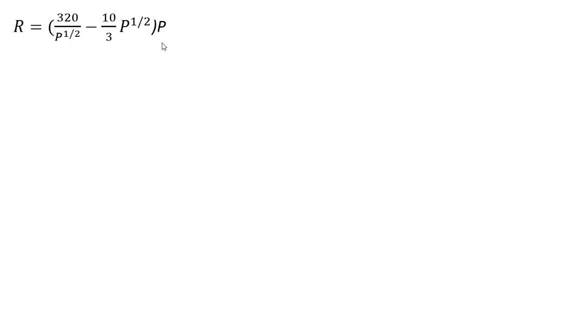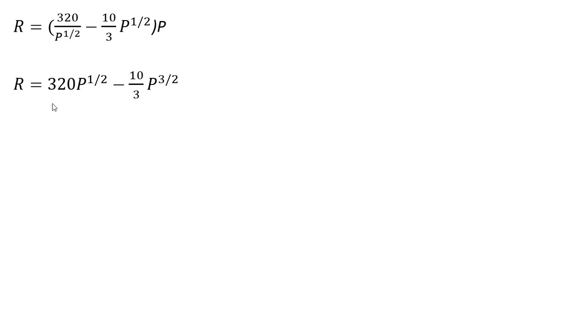Rewriting that condition, and then I'm just going to multiply this P that's outside parentheses through the terms that are inside the parentheses, and we get this result. Following the rules of exponents, P divided by P to the 1/2 is going to be 320P raised to the 1/2 power, and then P times P to the 1/2 is P to the 1.5 or 3/2 power.